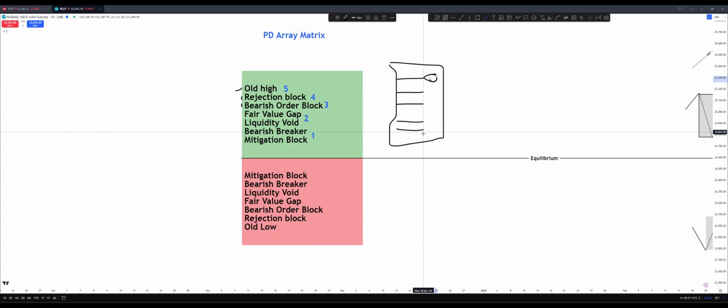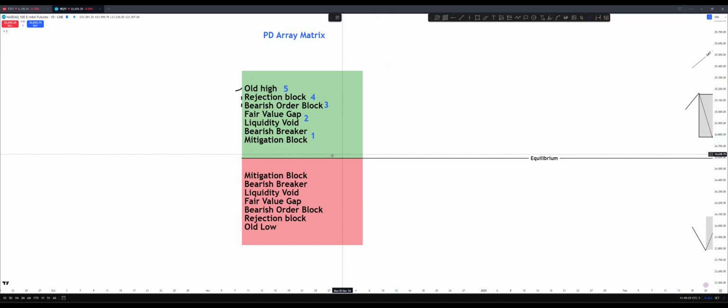You want to use number 1, number 2, and sometimes 3. If number 3 pairs and aligns with number 2 and 1, this is where you also use number 3. All right, so my least favorite PD arrays are number 3 and 4, order block and rejection block. Why? Because they're so high up in the list.